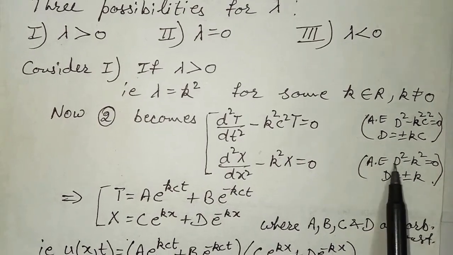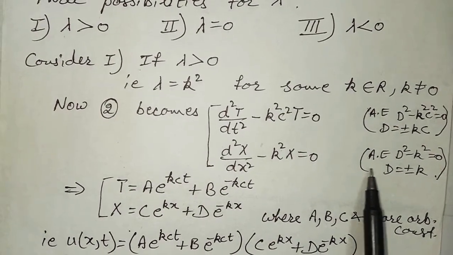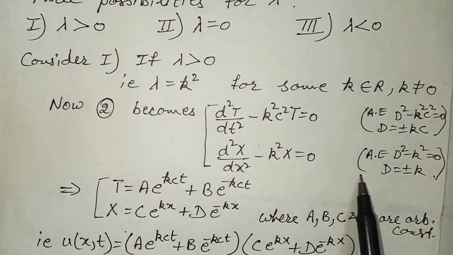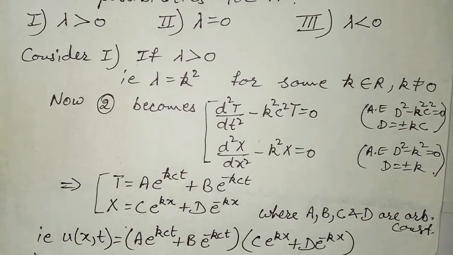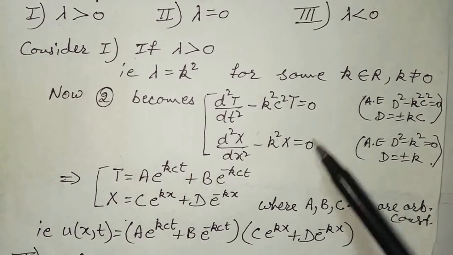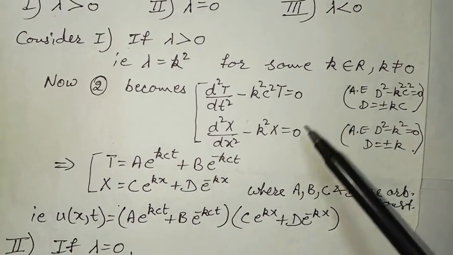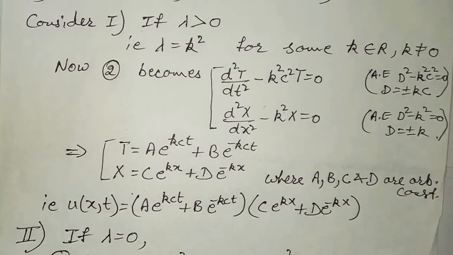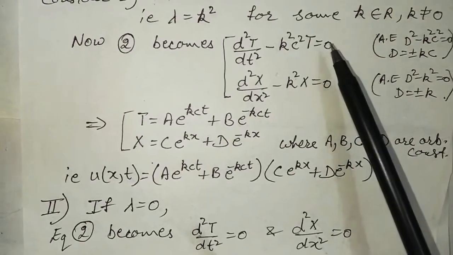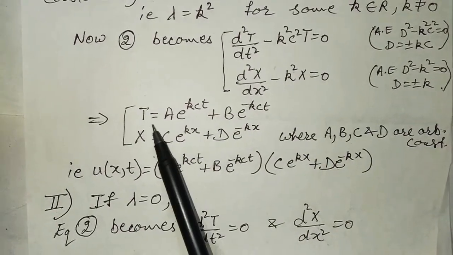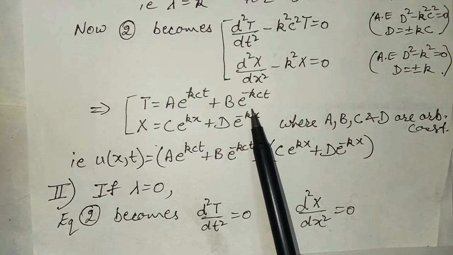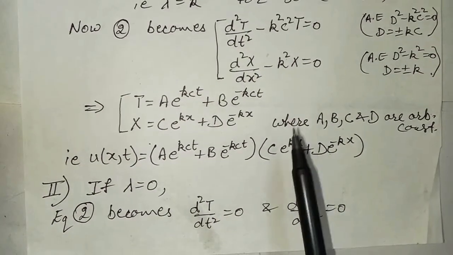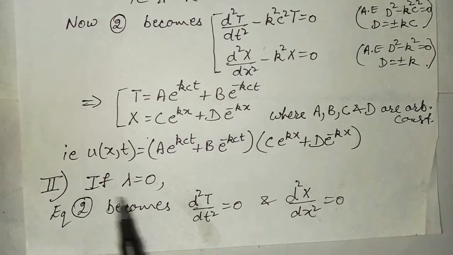This you have studied in the chapter on linear differential equations with constant coefficients, where we calculate the CF and PI. Because the right hand side is 0 for both differential equations, the particular integral part is 0. So we calculate only the complementary function. For this differential equation, this will be the complementary function, and for this one, this will be the complementary function, where a, b, c, d are arbitrary constants.